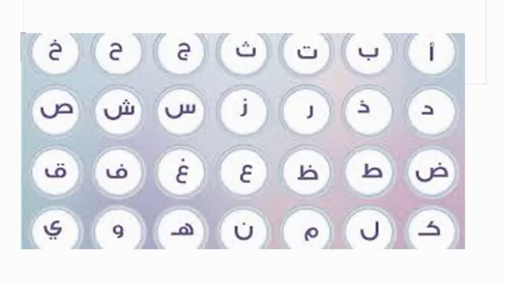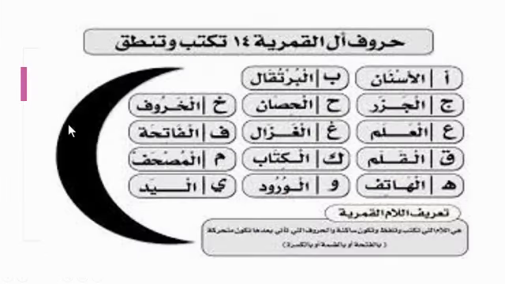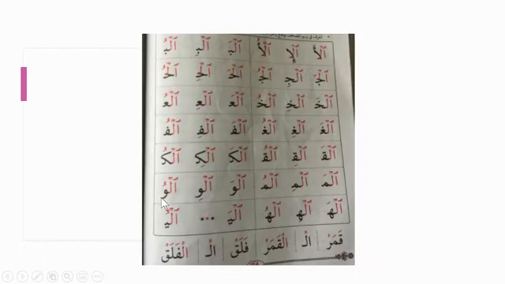So now we're going to see in practice what it looks like. Let's see the clear lam with examples like al-qamar: al-asnan, al-jazar, al-alam, al-qalam, al-hatif, al-burtuqal, al-hisan, al-ghazal, al-kitab, al-wurud, al-kharuf, al-fatihah, al-mushaf, al-yad.